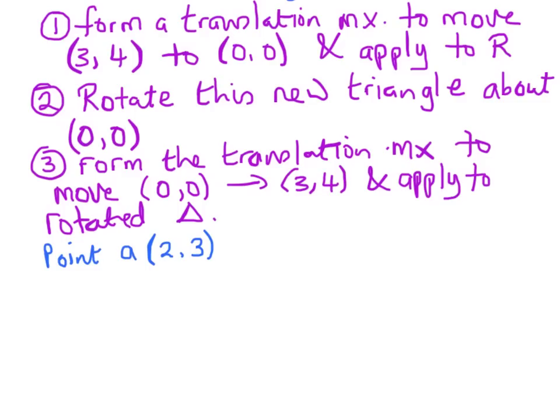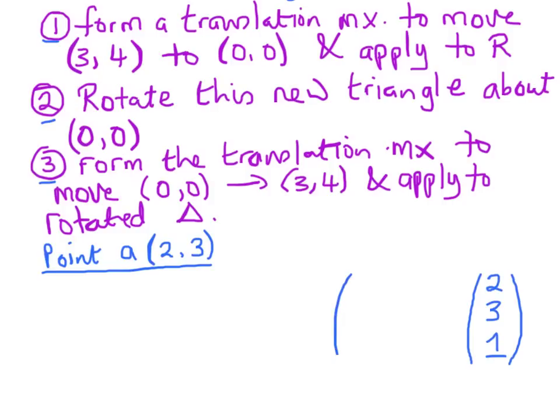Okay. So now let me apply each of these 3 steps, 1, 2, 3, to point A. Point A is that two-dimensional point. Now to apply transformations to it, I have to write it as a 3-dimensional vector, 2, 3, 1.